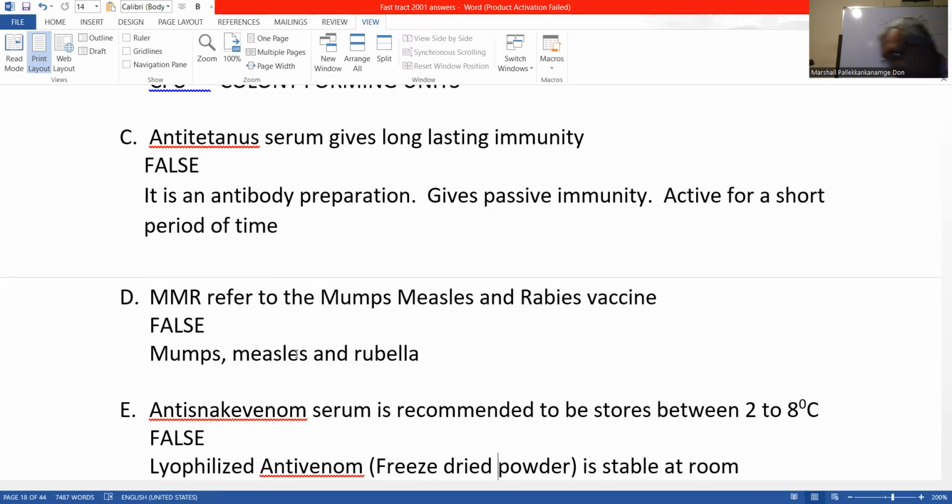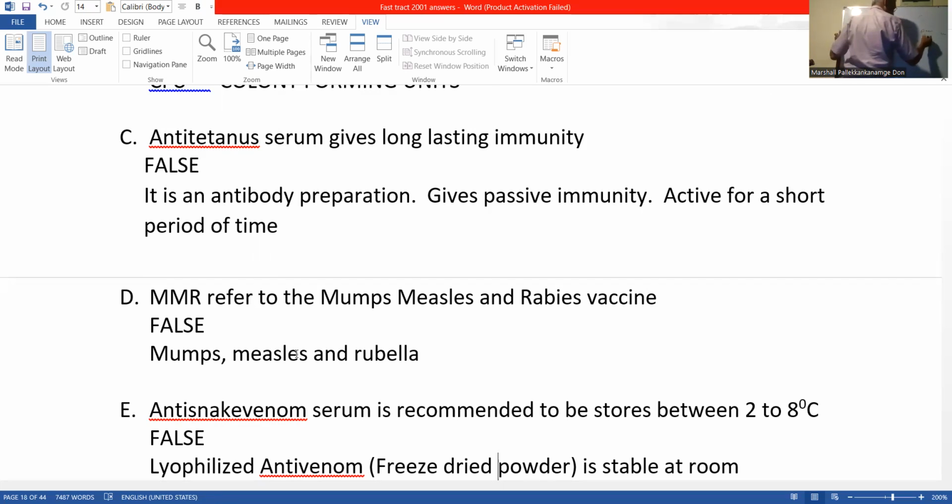Active immunity you get from vaccine or by getting the illness.